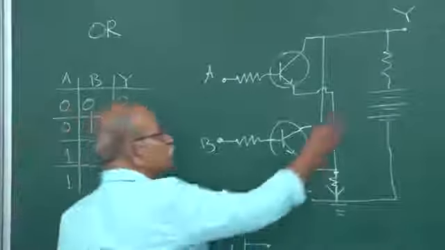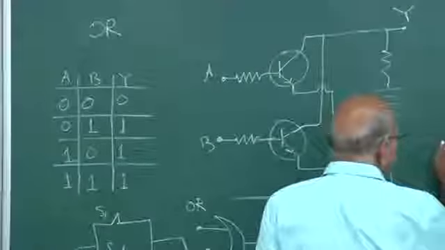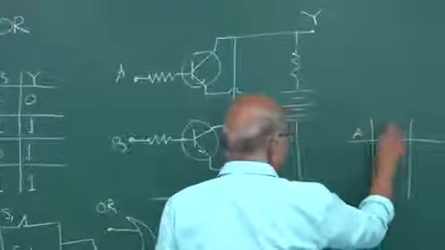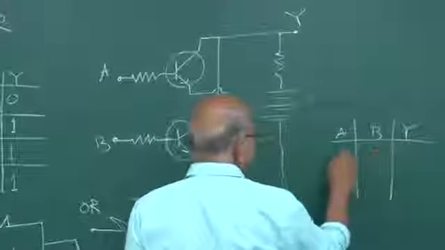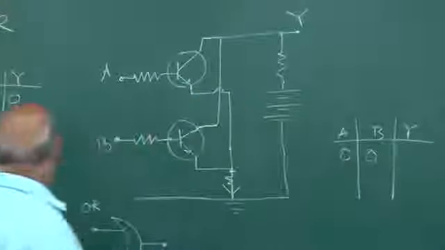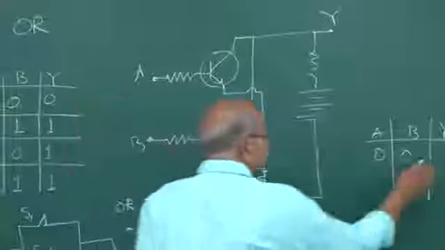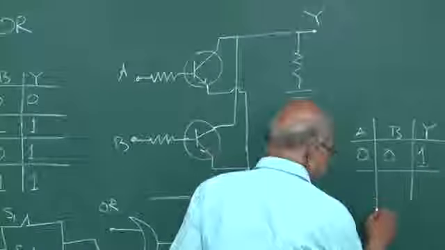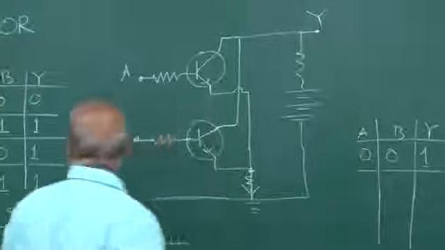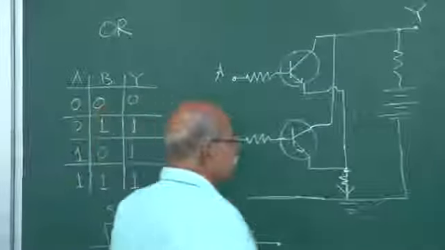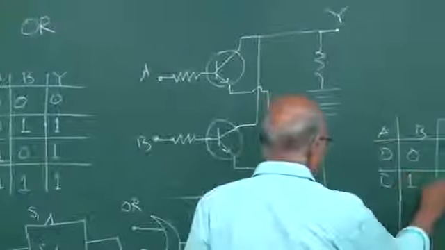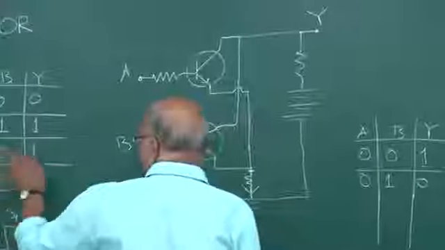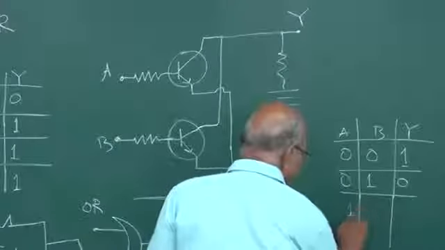If I take the output from here, then the truth table will be A, B, Y. If I take 0 0, here 0 0 was 0, here 0 0 will be 1. Then here 0 1 was 1, so here 0 1 will be 0. 1 0 was 1, so 1 0 will be 0.